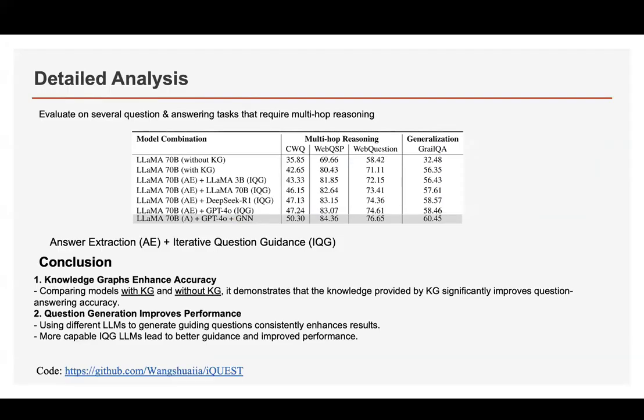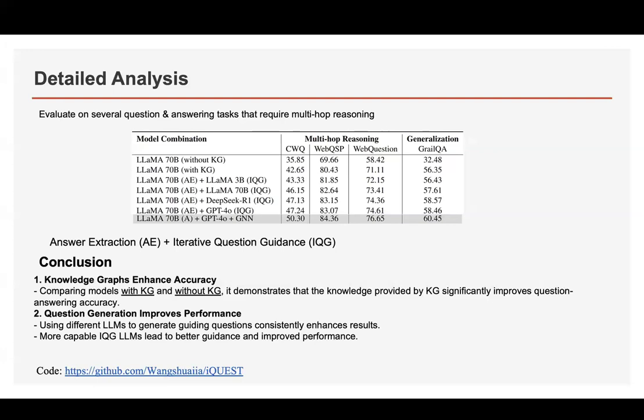Here are some detailed analyses. First, comparing the first two lines, we can see the results with and without the KG. If we utilize the KG, like RAG, we can significantly improve the result. So you can see the additional specific knowledge is very important here. We also use different LLMs to generate sub questions.